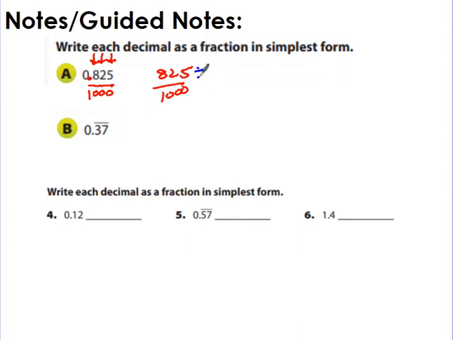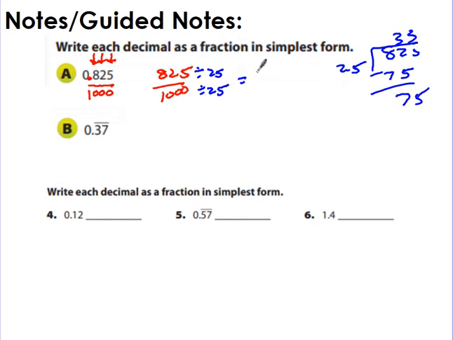So I would divide by 25. 825 divided by 25, I get 33. And 1,000 divided by 25, that one's an easy one. It's just 40. So 825 thousandths is 33 over 40.